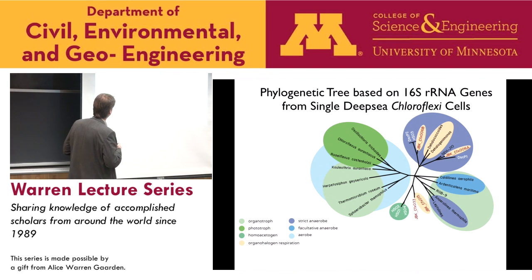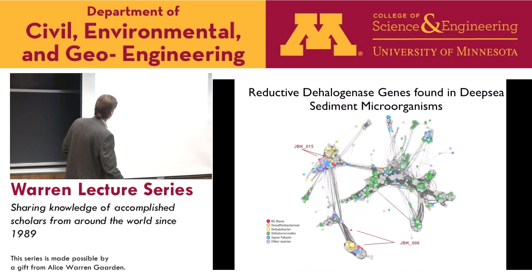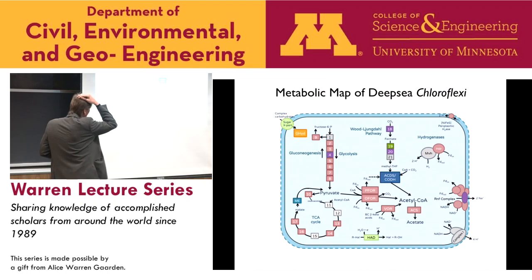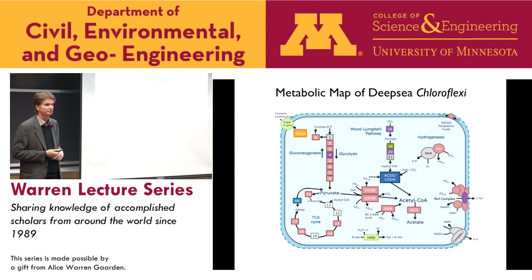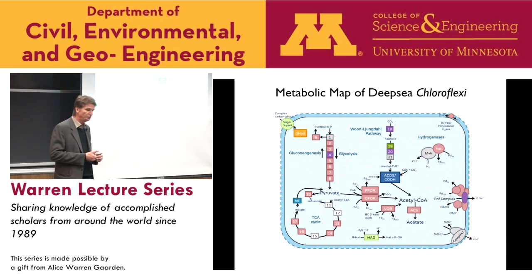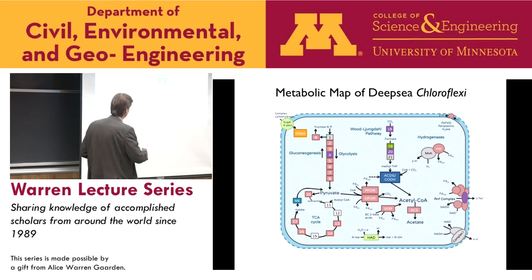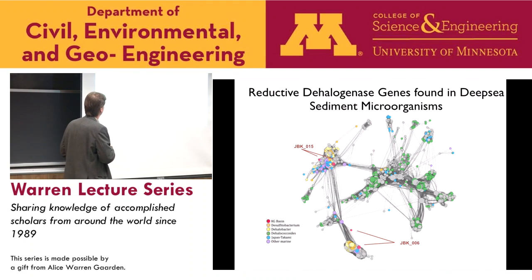So what do we learn from that? Well, actually, let me skip this one. What we learn is that most of them do not contain any reductive dehalogenase. That was interesting. We do find reductive dehalogenases, actually that was on this slide, but these reductive dehalogenases that we and others find are of the class 1 type, the non-energy conserving reductive dehalogenases.